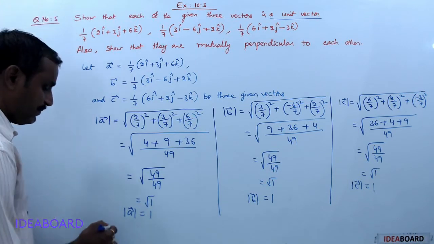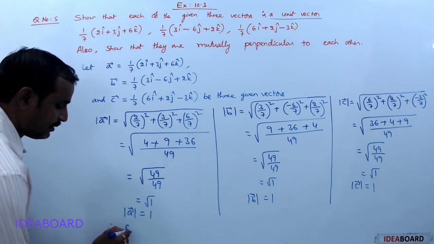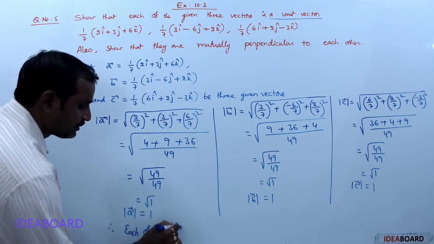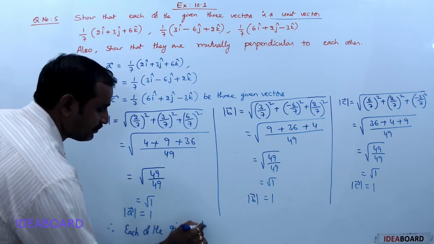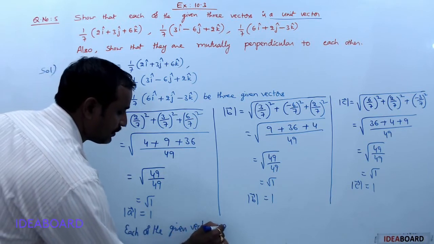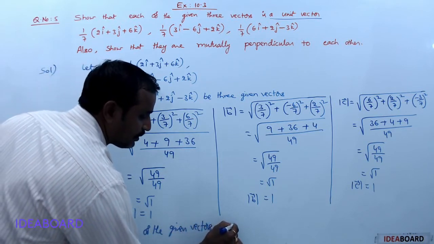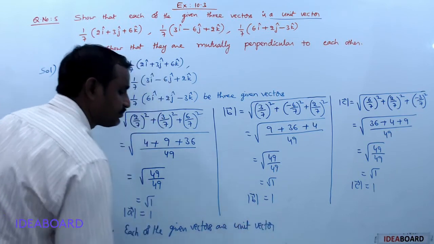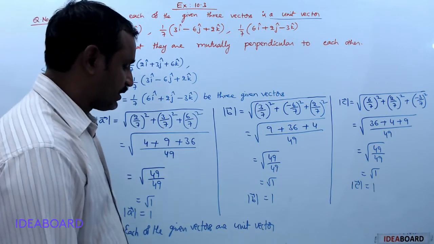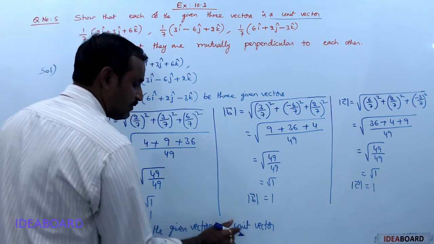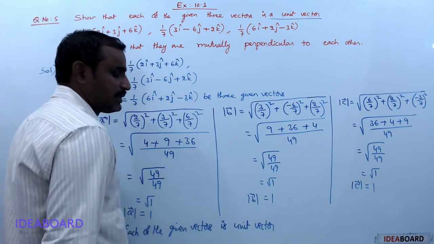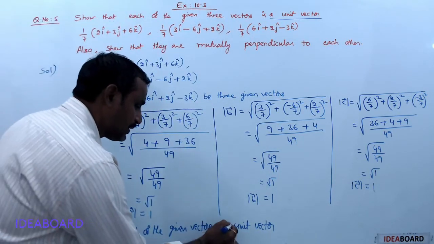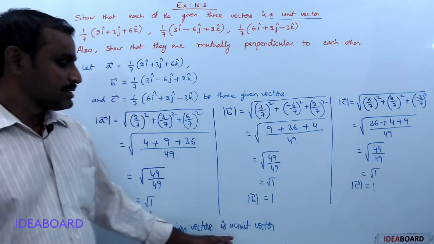Therefore, each of the given vectors is a unit vector.